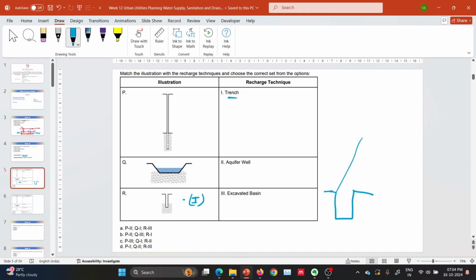Trenches are made in a line like this. Water will flow like this. So this is a trench. And this is a well. From top view it will look like this circle.